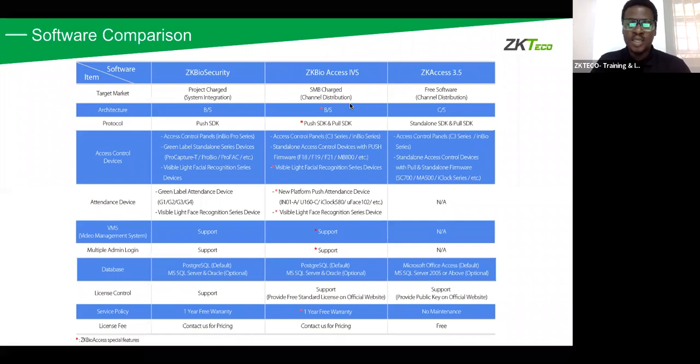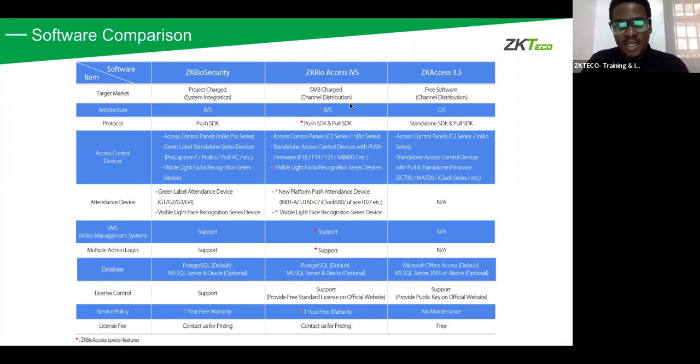ZK BioAccess IVS has been built and modified in such a way to support PostgreSQL database, MS SQL, and Oracle. These are the three major databases used by developers to store data. So ZK BioAccess IVS comes with that.